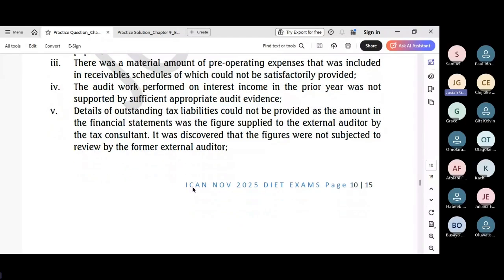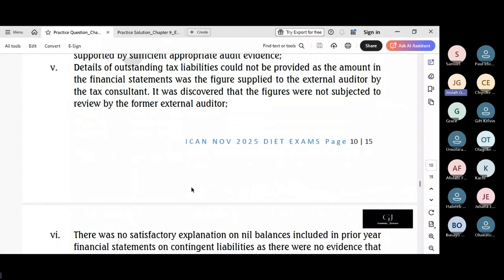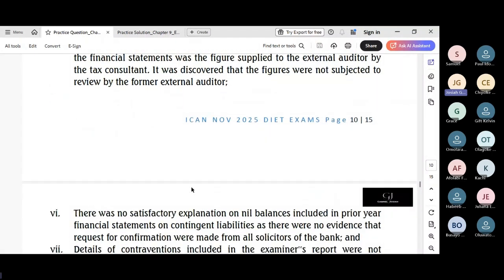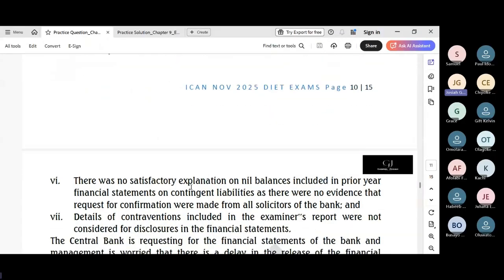Number 4, the audit work performed on interest income in the prior year was not supported by sufficient appropriate evidence. Number 5, details of outstanding tax liabilities could not be provided, as the amount in the financial statements was the figure supplied to the external auditor by the tax consultant. It was discovered that the figures were not subject to review by the former external auditor.